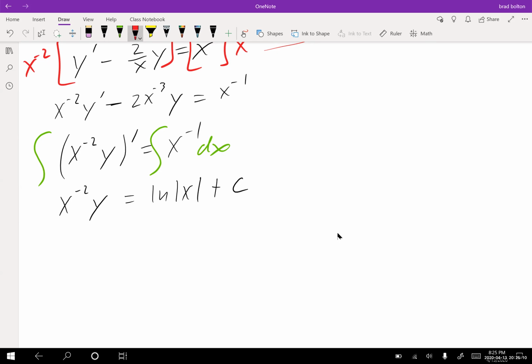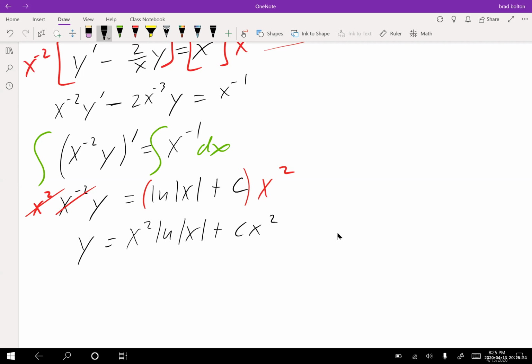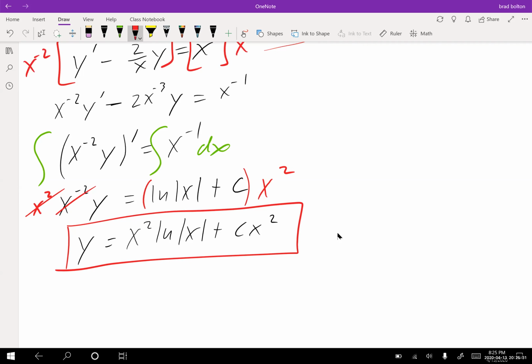I'm just going to multiply by x squared and this would cancel that. So y equals x squared ln of the absolute value of x plus c times x squared. And this would be my solution to my linear differential equation.